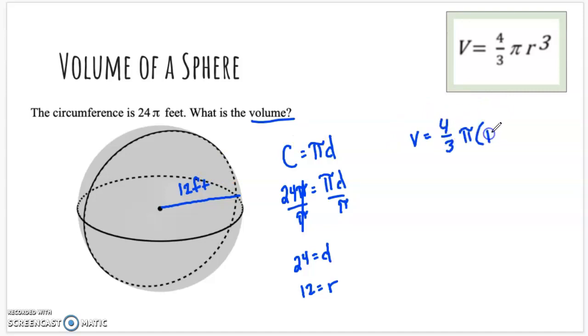Plug in that 12 for my radius, go ahead and do 12 cubed, which is 1,728 times 4/3 times pi, and I get a volume that is 7,238, let's see here, this doesn't tell me what to round to, so I'm going to round to the hundredths place to 3 feet cubed.